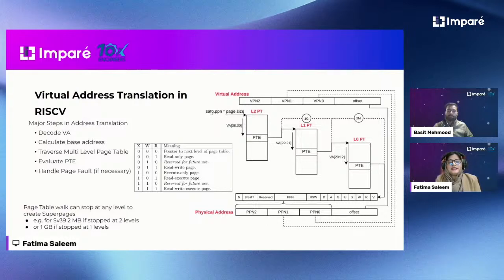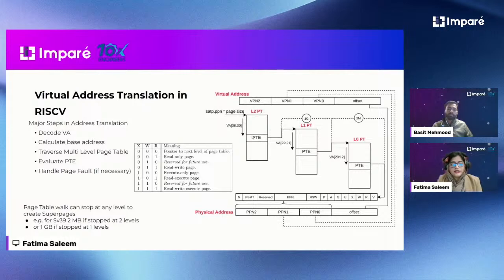So we take that CSR, use its PPN and multiply it by the page size. For example, the page size is 4 KB, so we multiply by 12 bits, a shift of 12. Then we take VPN 2 from the virtual address, index through this page table, and find our first PTE.